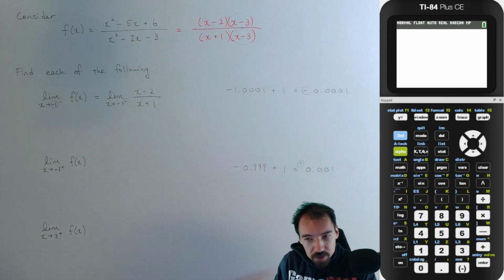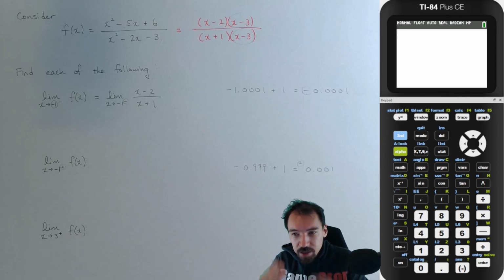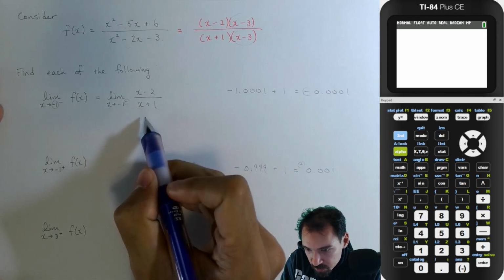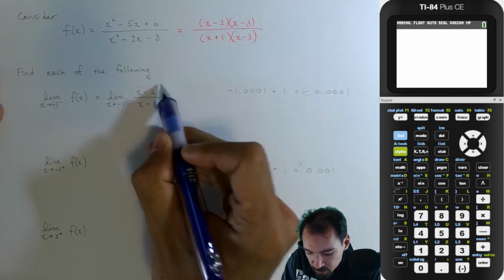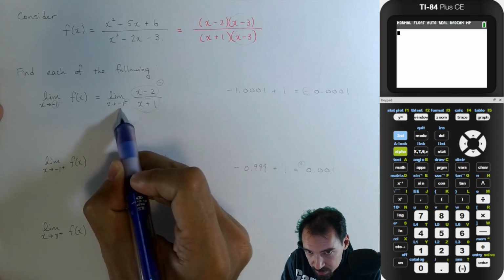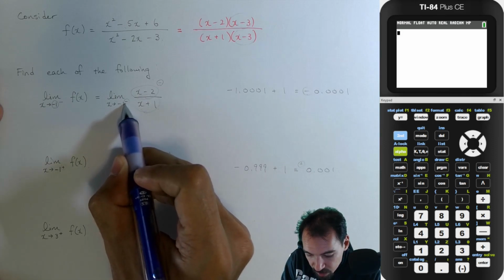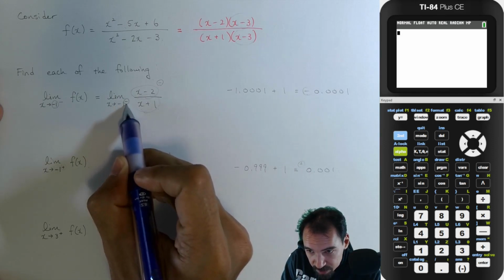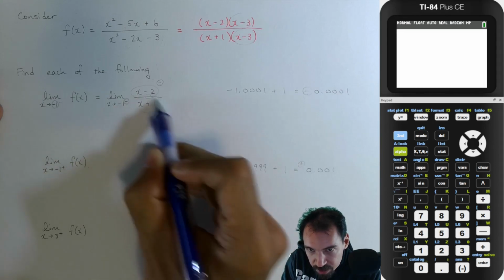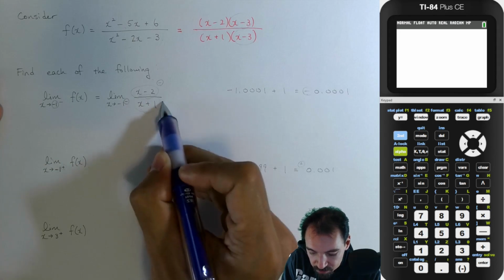So keep in mind, we're doing this algebraically, but we're still sticking to it conceptually. The argument here is I have a negative number on top, and I'm dividing by, since x is a little bit less than -1 on that left side limit, a number a little bit less than 0.